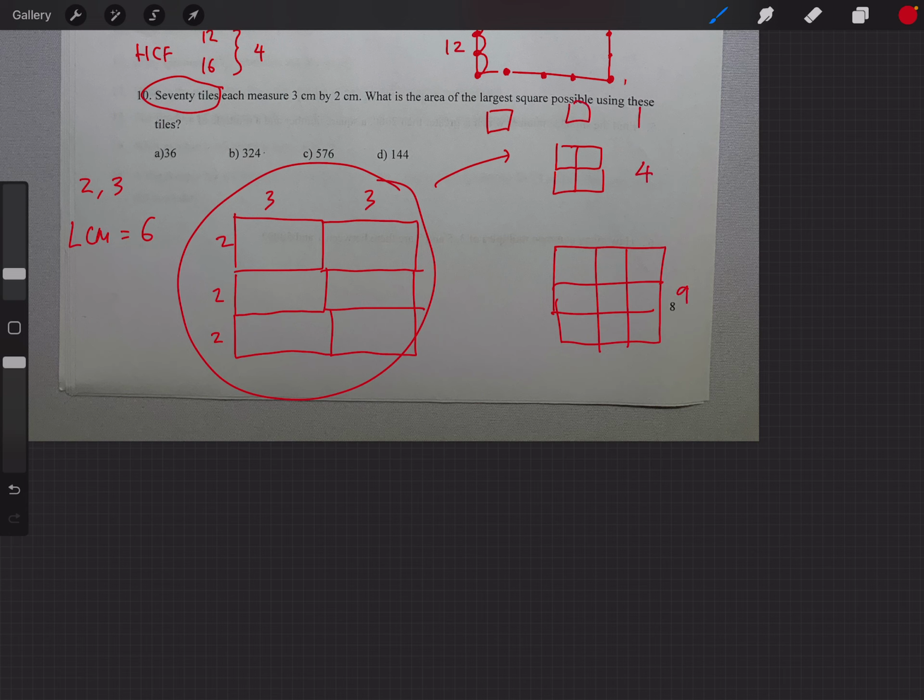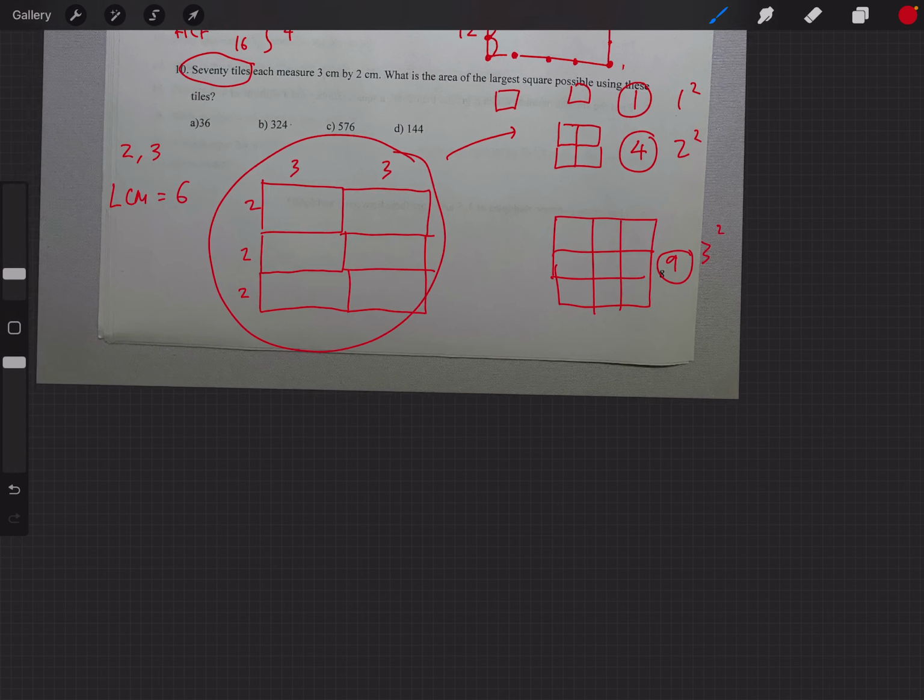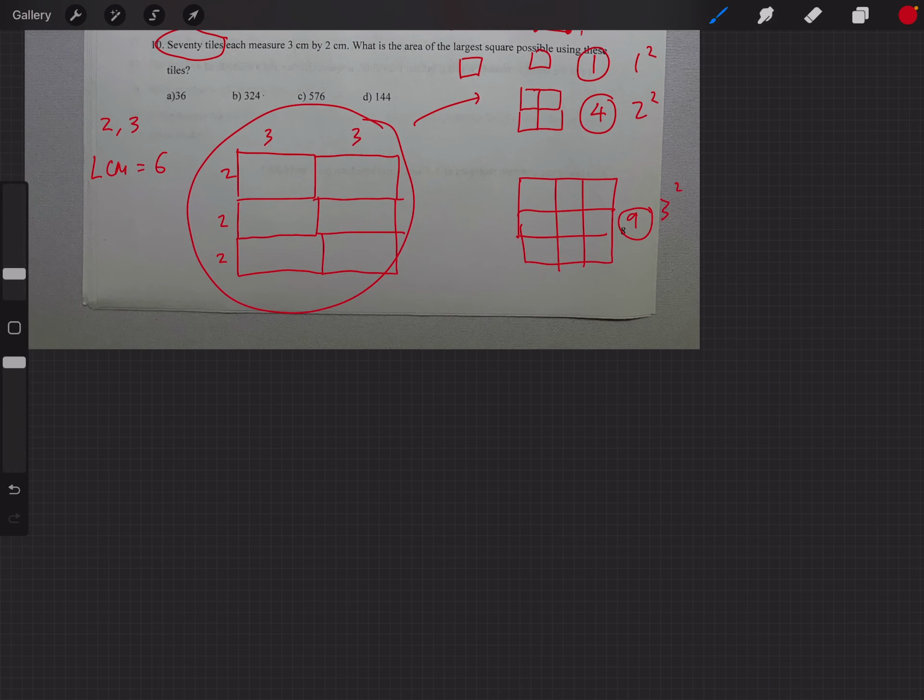Okay, so that means that to make squares out of squares, you need the power, like squared numbers. So this is 1 squared, 2 squared, 3 squared, and so on. Suppose I want to make another bigger square than this one here. I have to do 4 and 4. Okay, that means I go to 16, which is 4 squared.